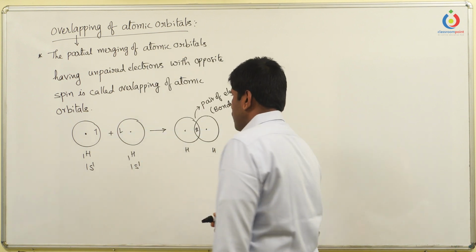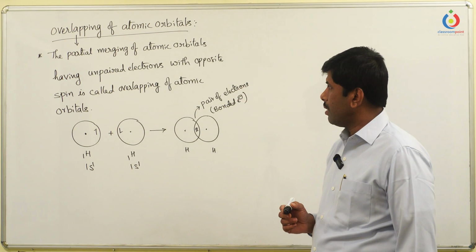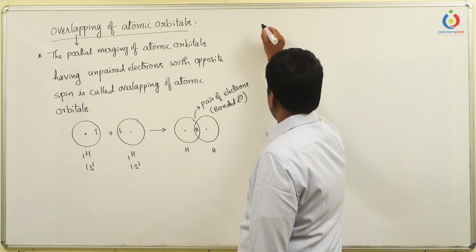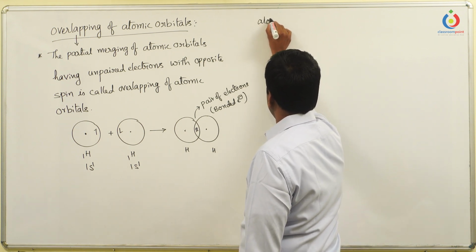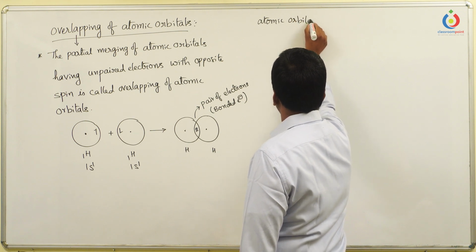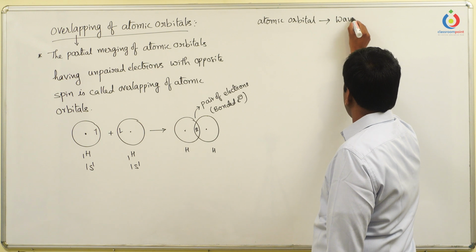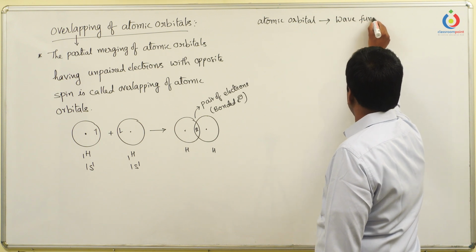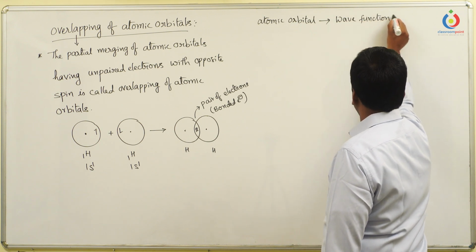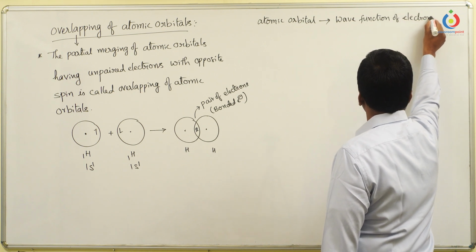Now, what are the conditions required for the overlapping of the atomic orbitals? We know that an atomic orbital is basically a wave function of the electron, that is, the electronic wave function.